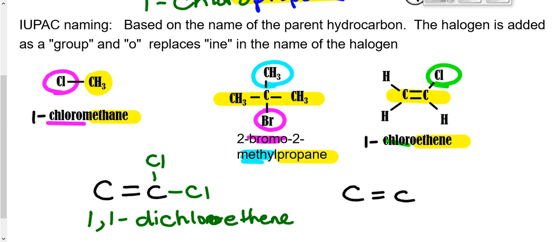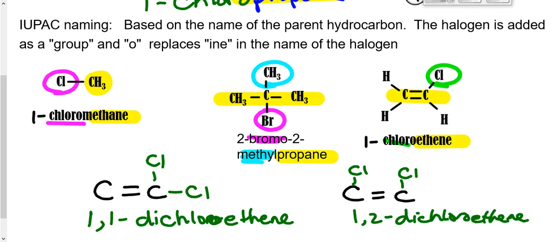The reason for that is because it was also possible that I could have made 1,2-dichloroethene. In these cases, because there's more than one place to put the branch, you would have to say where you put them. So when in doubt, include a number for every branch.